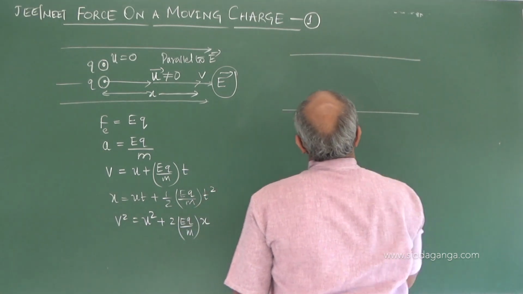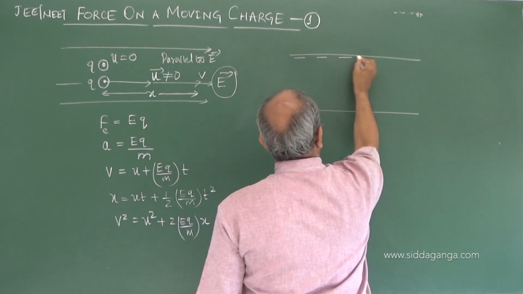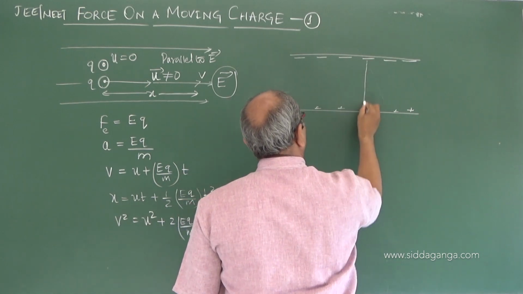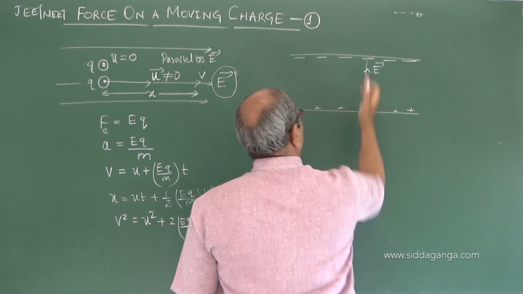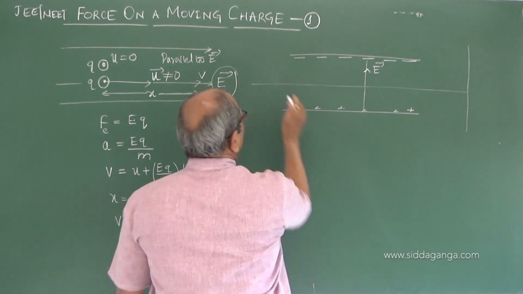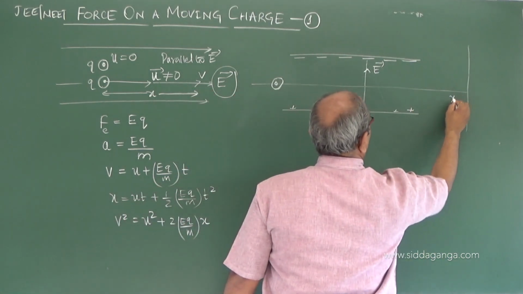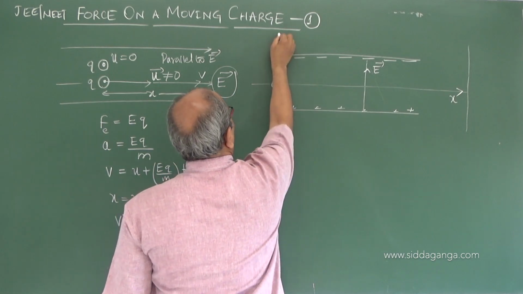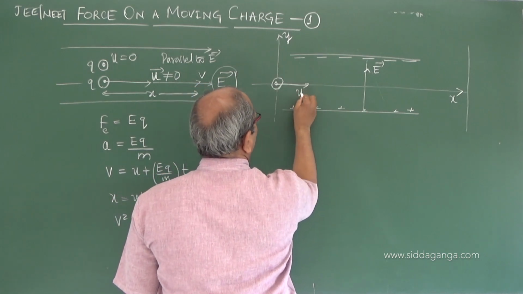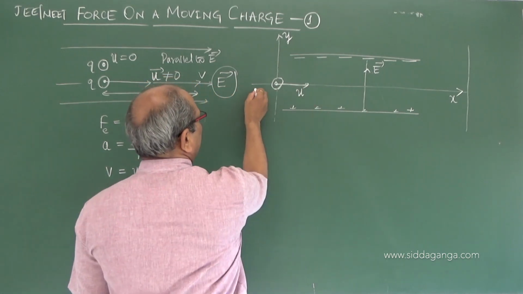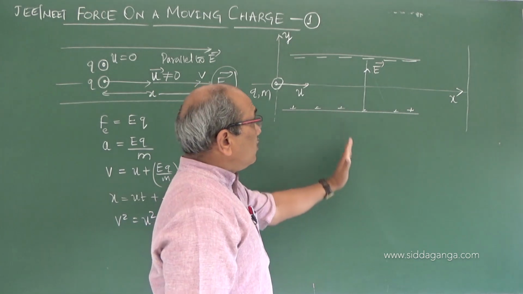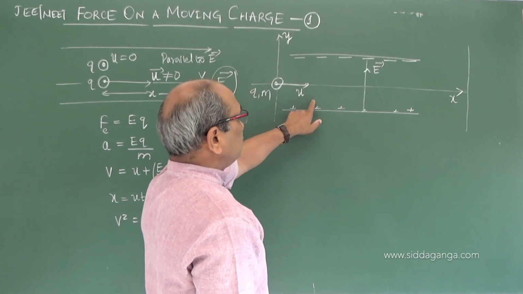If it is projected perpendicular to the electric field, suppose a closed electric field between two plates, imagine a uniform electric field acting vertically upward, and I project a charged particle, this being the x direction and this the y direction. Now, it is moving with a certain initial speed u, having charge q and mass m, and the charge is projected into the electric field perpendicular to the electric field.